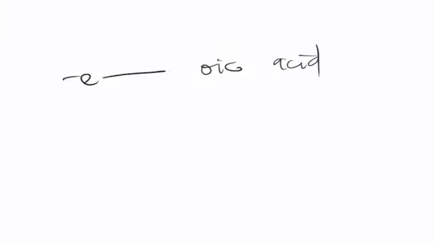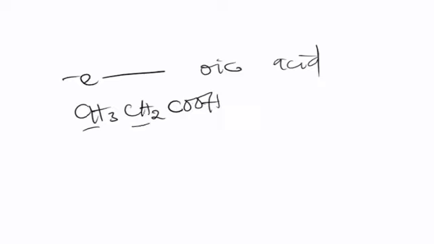So for instance, if I have CH3 CH2 COOH, notice that this is a 3-carbon compound, and as such the corresponding alkane should be propane.